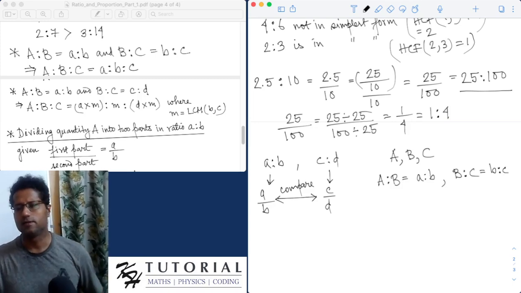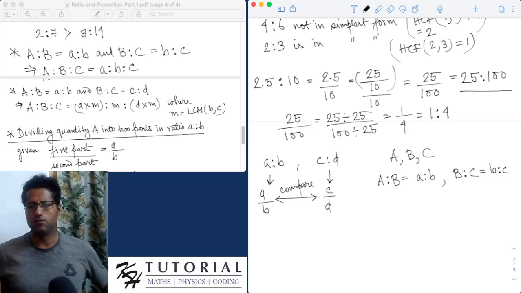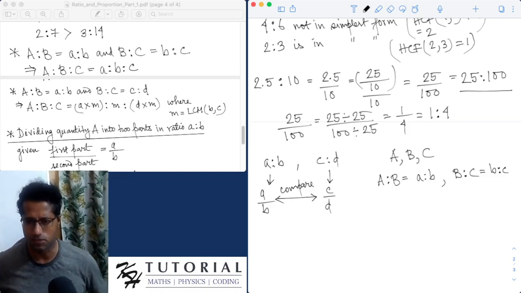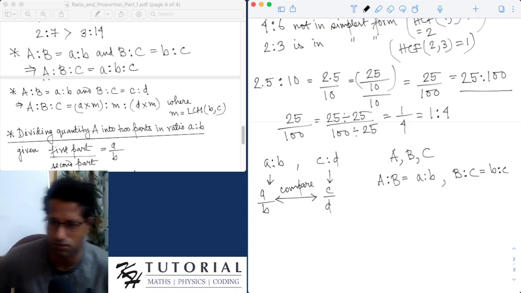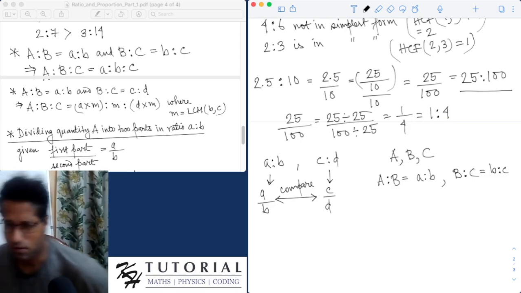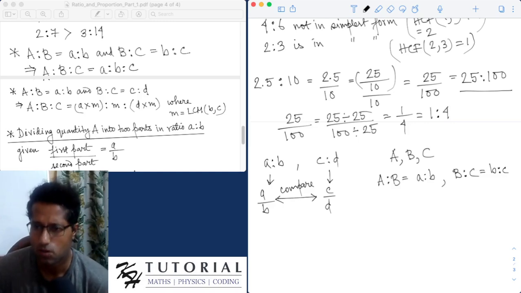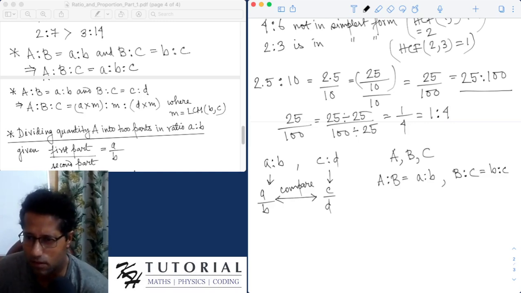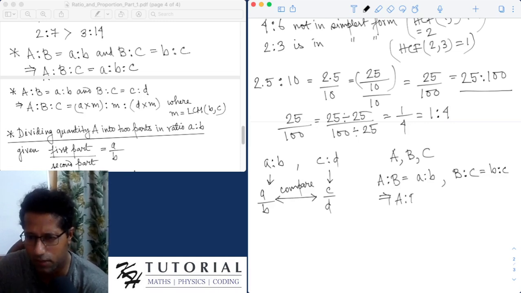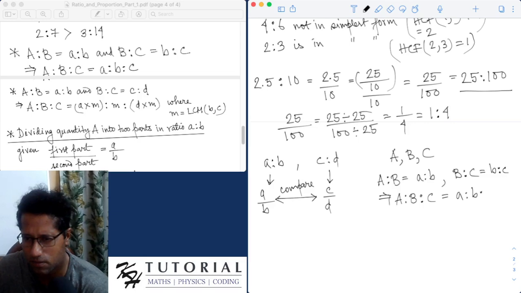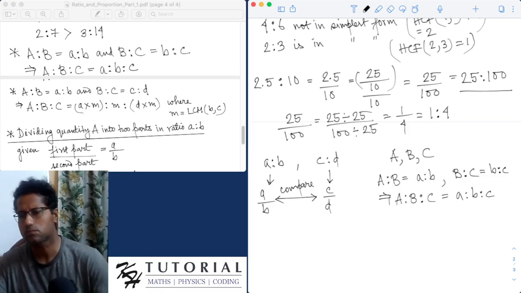Now you see that in the ratio A is to B, the second term is small b, and also in the ratio B is to C, the first term is B. So the term with respect to the quantity B is the same. From here we can say that all the three quantities A, B and C are in the ratio small a is to small b is to small c.